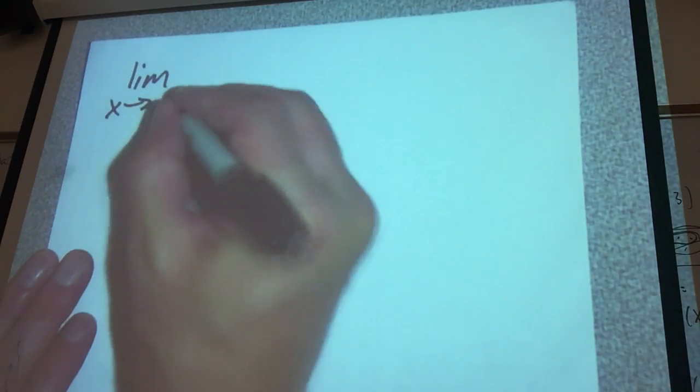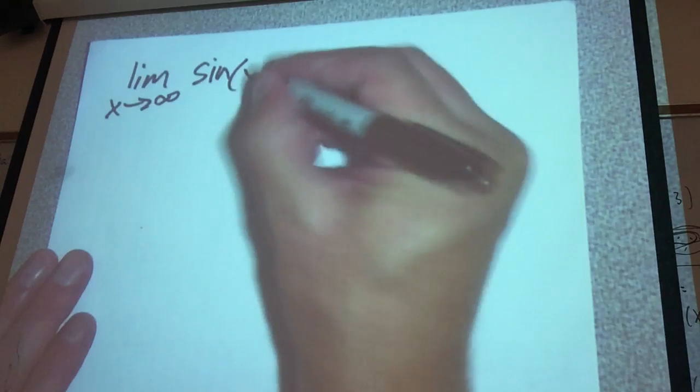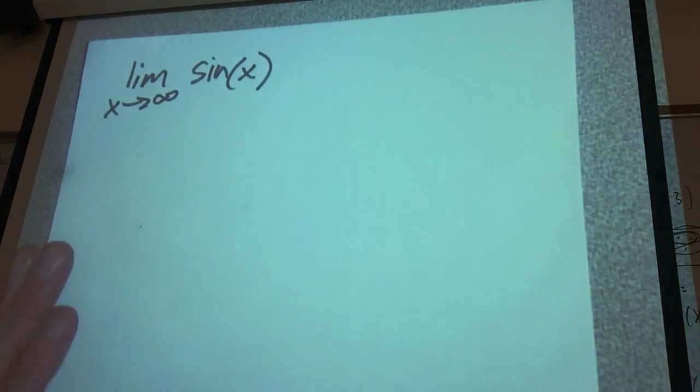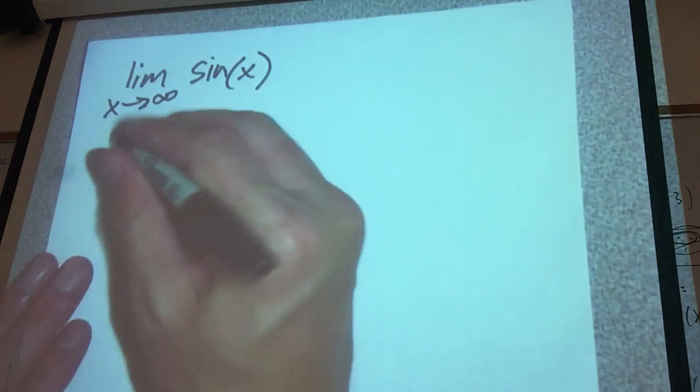So let's say we wanted to investigate the limit as x tends towards infinity of, instead of sine of 1 divided by x, just sine of x.